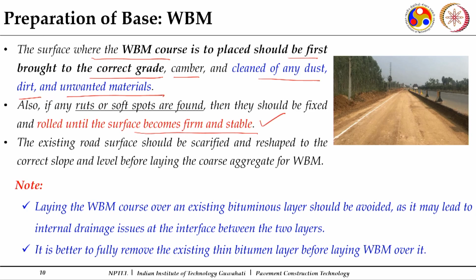The existing road surface should be scarified and reshaped to the correct slope and level before laying the course aggregates. If any defect is found later on, if you see that the levels were not properly ensured, and you find that this course has levels higher than what is there for the top of a granular subbase course, then you need to rectify it at that stage, and then you will go for the construction of the waterborne macadam course.